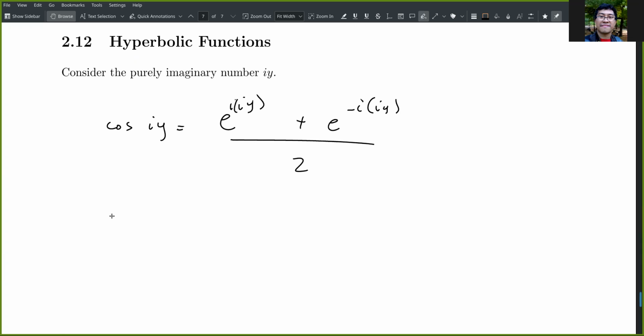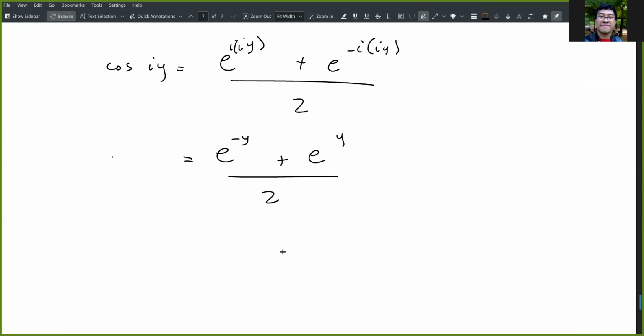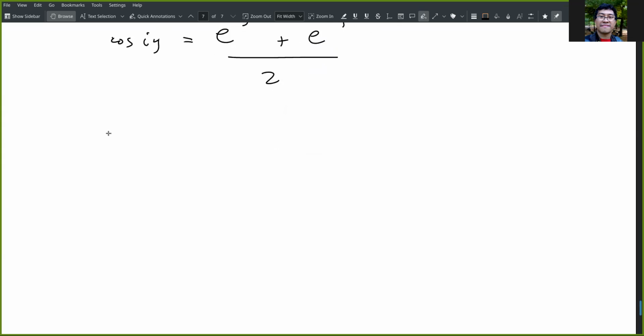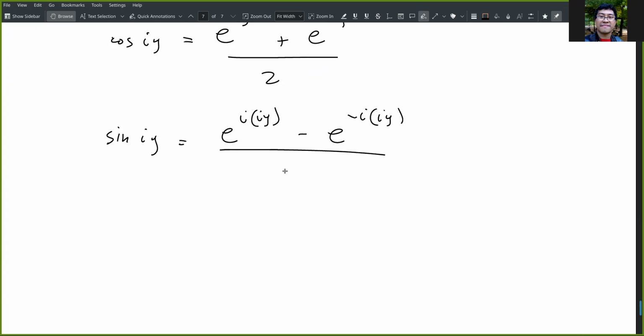And then this would simplify to e^(-y) plus e^(y) divided by 2. On the other hand, if you have sine iy from our formula, you have e^(i·iy) minus e^(-i·iy) divided by 2i.